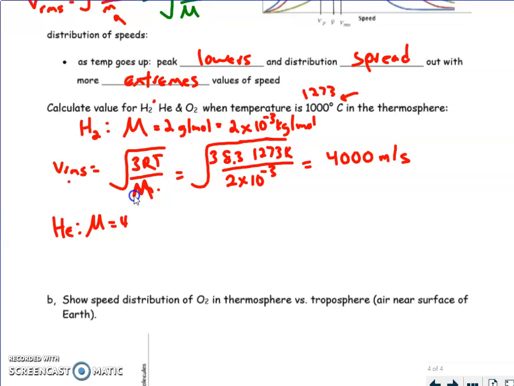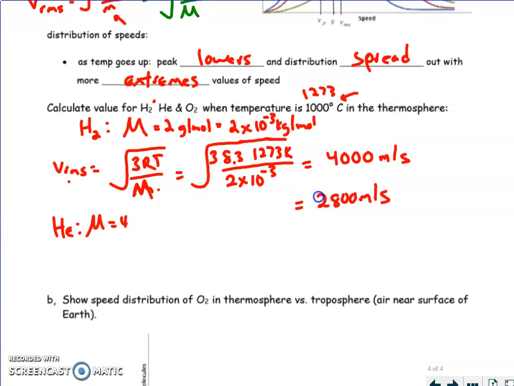So since this is twice as massive, I'm going to get 1 over square root of 2 times the velocity. So if I take 4,000 and divide it by 1.41, I will get 2,800 meters per second. So not quite twice as slow.